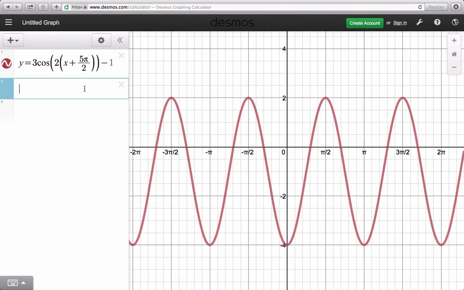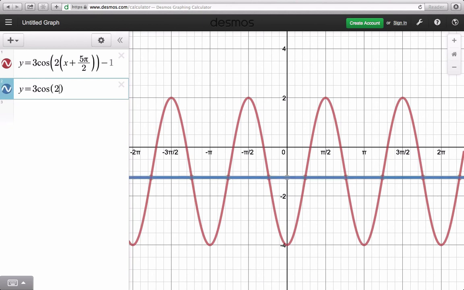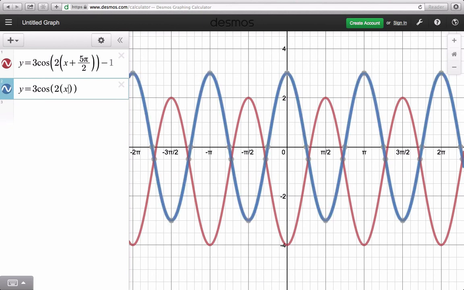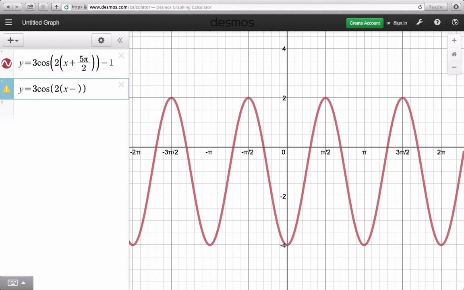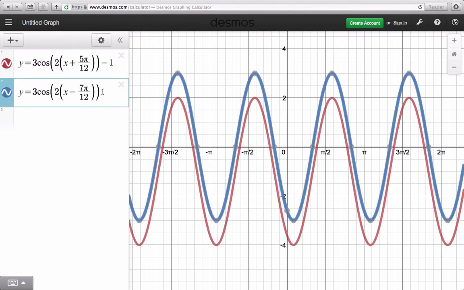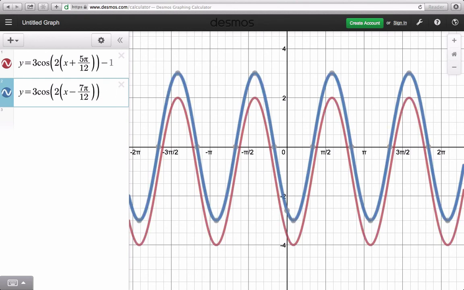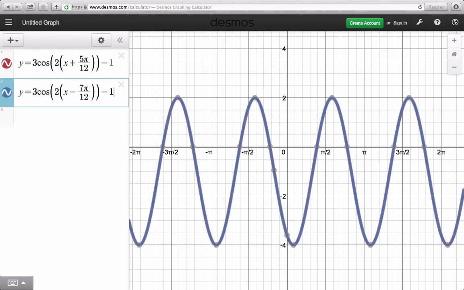And I said that y could equal 3 times the cosine of 2 times x minus 7 pi over 12, and then that would be minus 1. Oh, look, did you see that? When I minus 1, it lands right on top of there. Okay, so those are the same.